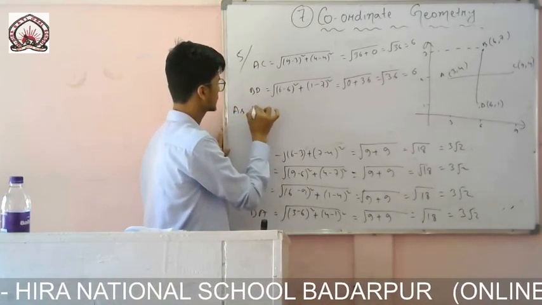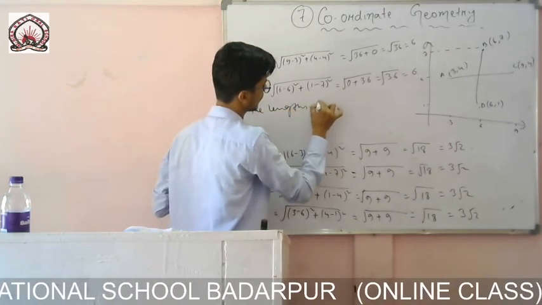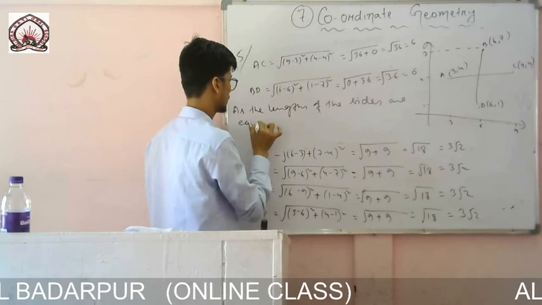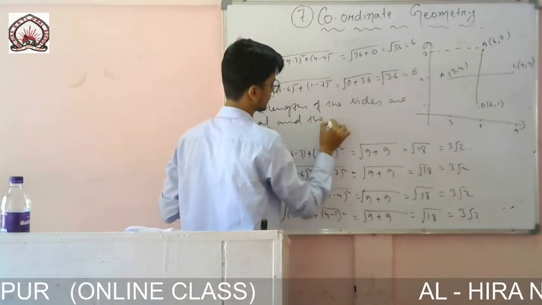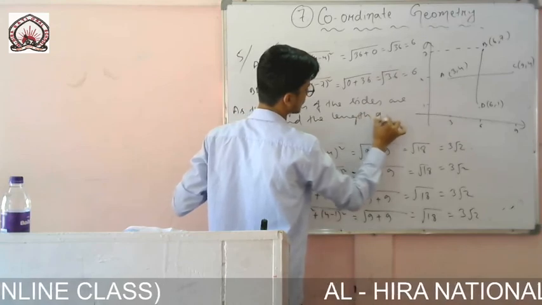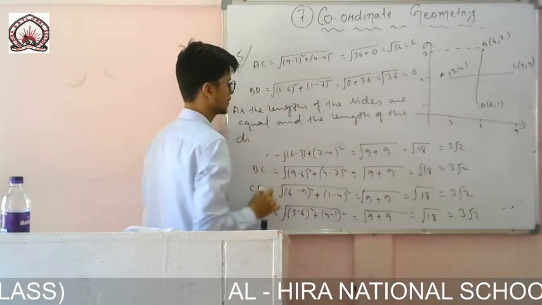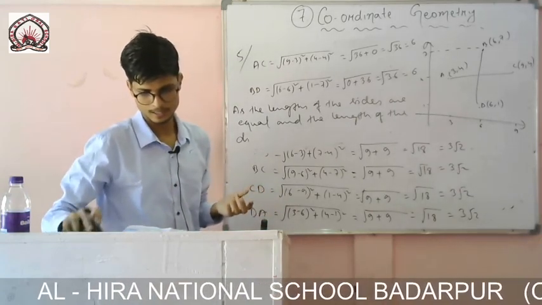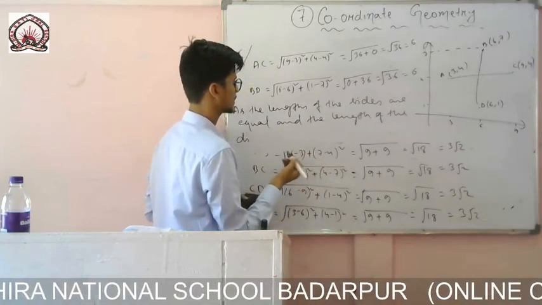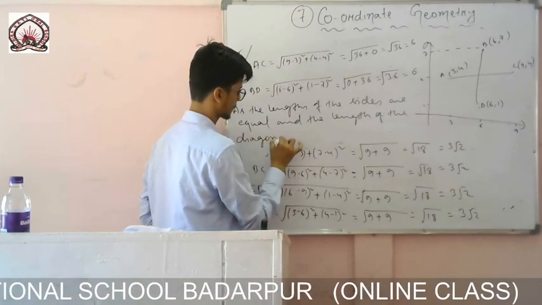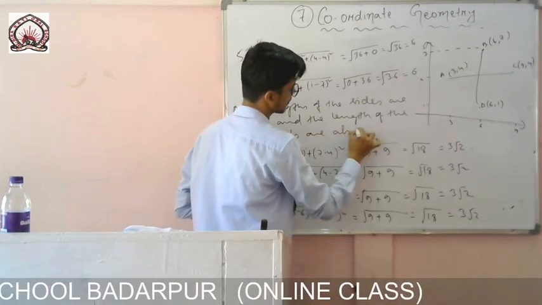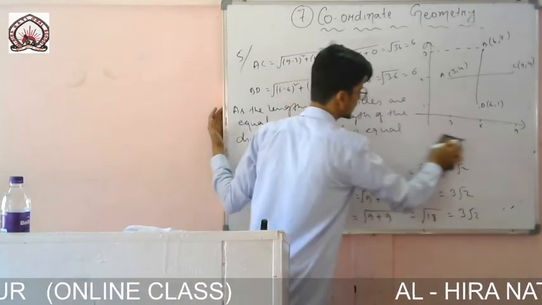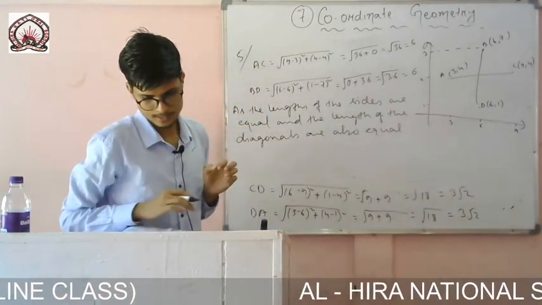So you write: as the lengths of the sides are equal and the lengths of the diagonals are also equal, hence ABCD is a square.